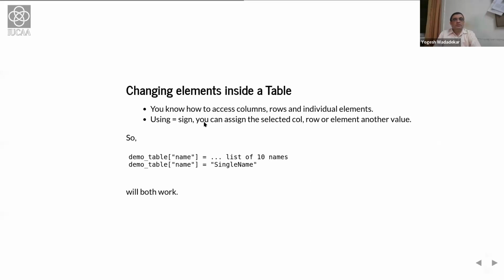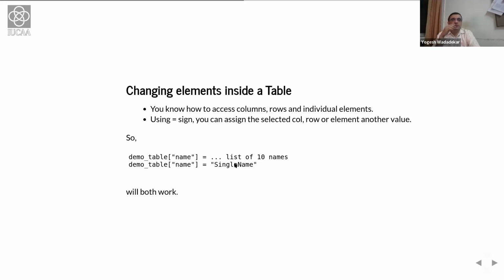Using the equal to sign, you can assign the selected row, column, or element to another value. So demo table name will give you a list of 10 names, and if you set demo table name to a single name, that also works. So you can rename all the 10 names, or you can give them all a single name.